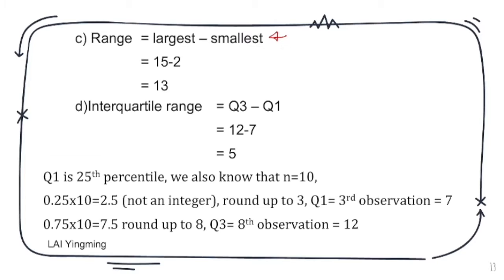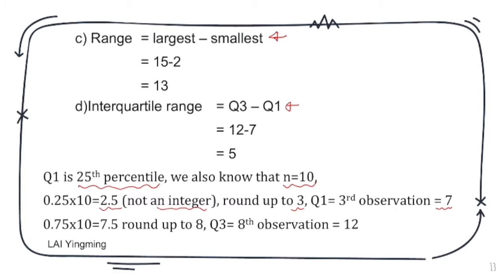For the D part, we need to determine the interquartile range, which is quartile 3 minus quartile 1. Since quartile 1 is the 25th percentile, and n equals 10, 0.25 times 10 equals 2.5. Since it is not an integer, we need to round it up to 3, which means quartile 1 equals the third observation, which equals 7.